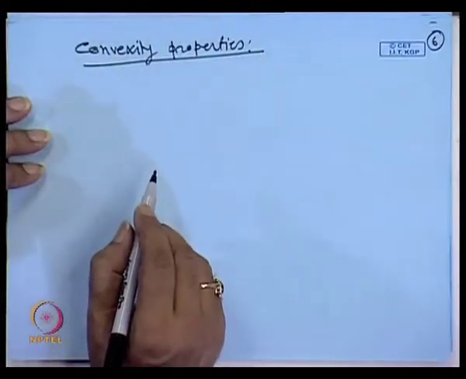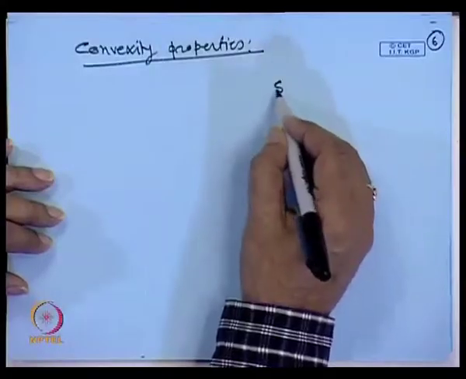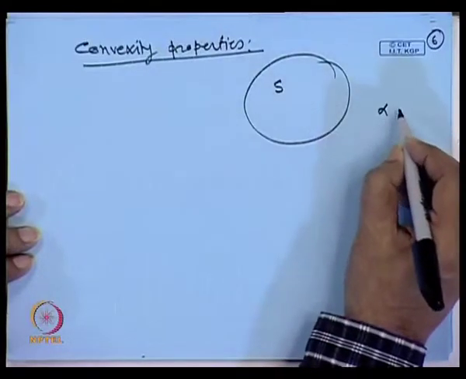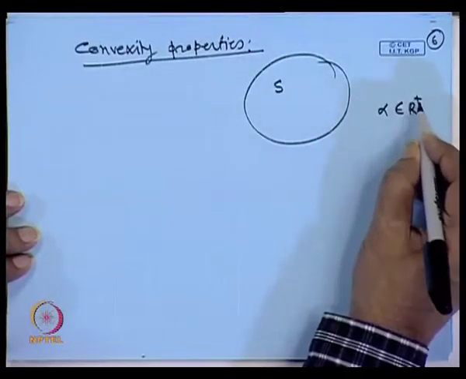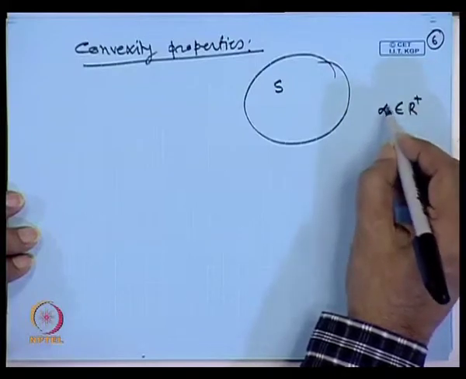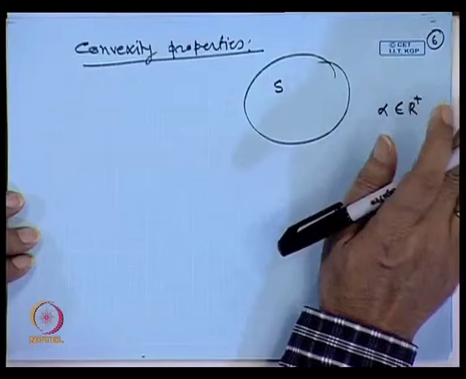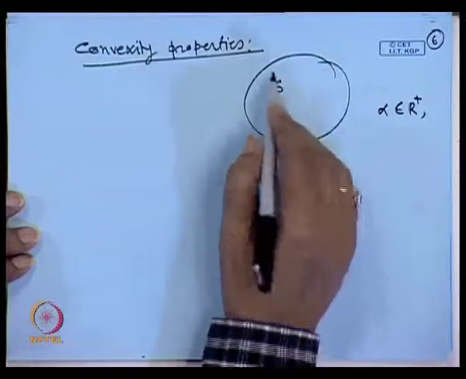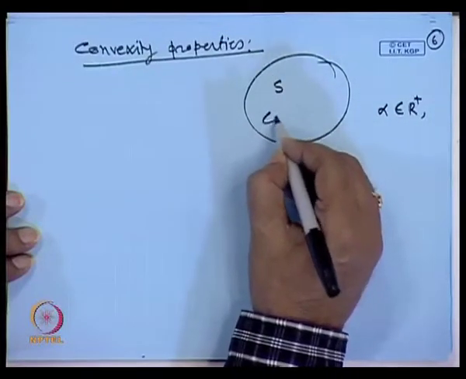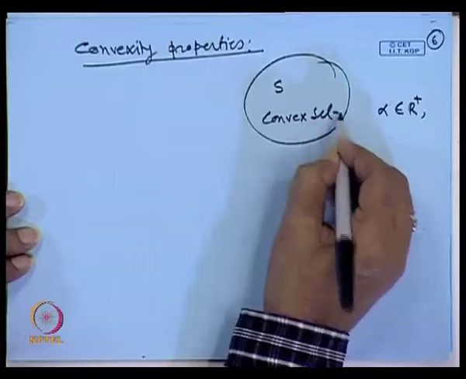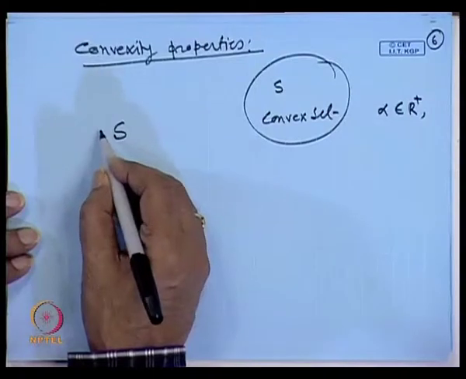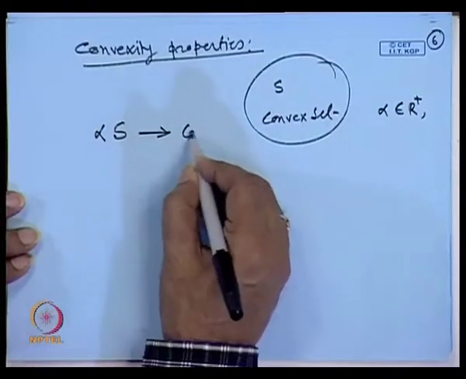One thing is, if S is a convex set, and alpha belongs to the real positive quantity, alpha is any positive real quantity, then alpha S is also a convex set. If you multiply this convex set by alpha, this is also a convex set.